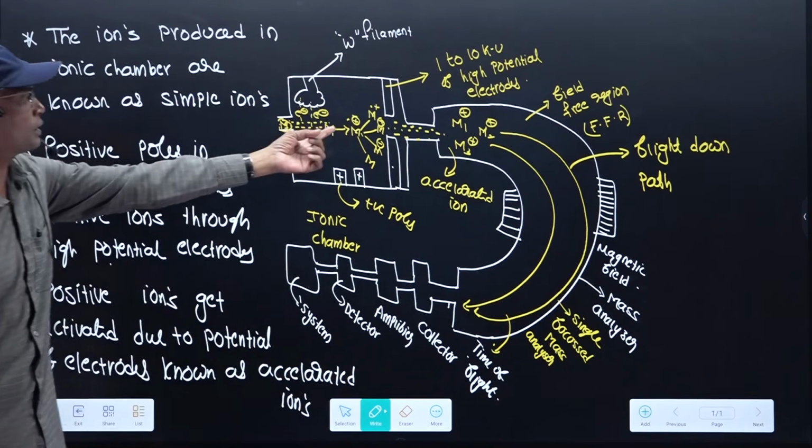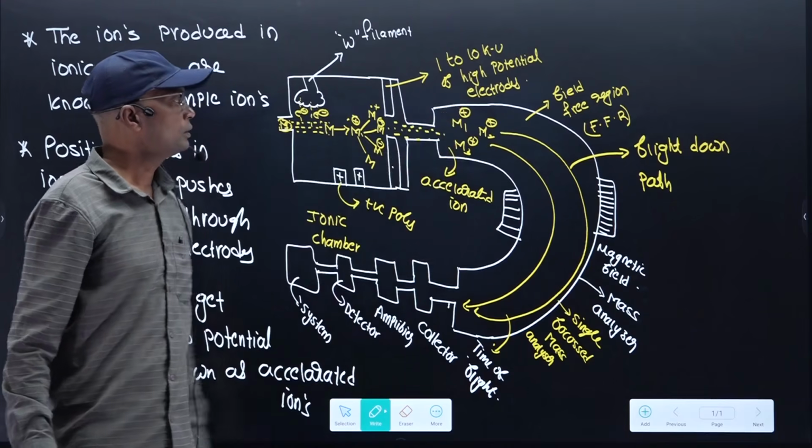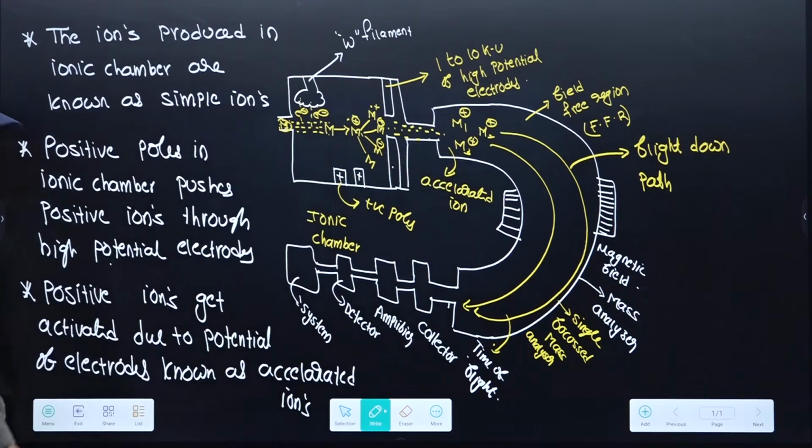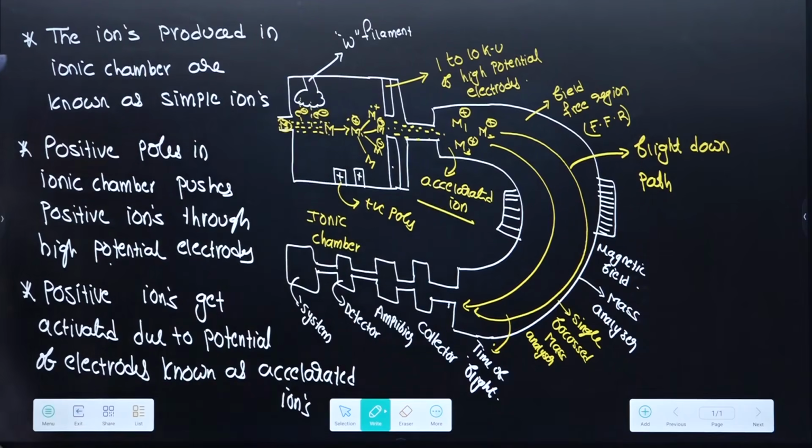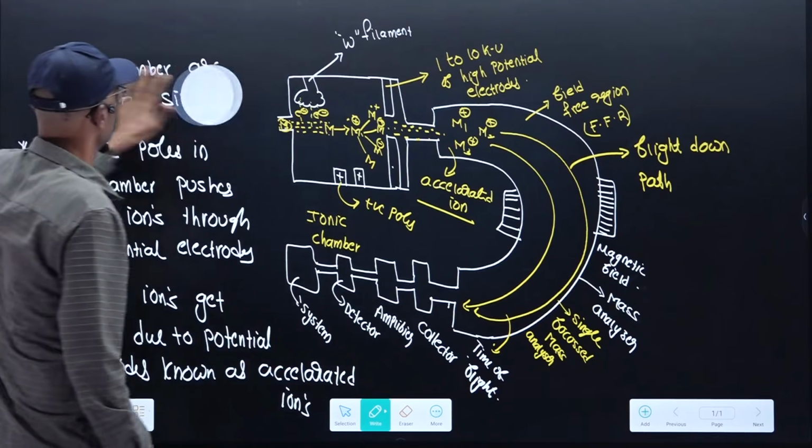So whatever positive ions are there, they interact with these high potential electrodes, so they get activated. Activated means their speed will differ based on their m/e value. They are called accelerated ions. Clear? Right, next.